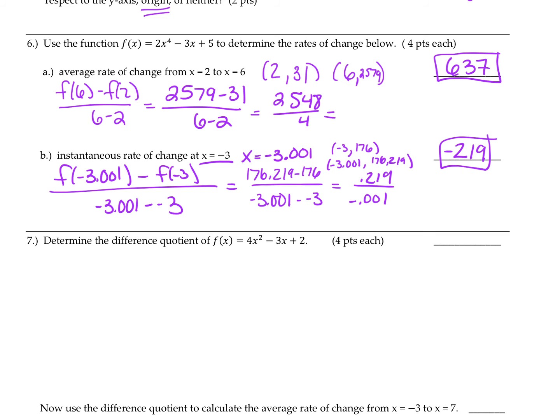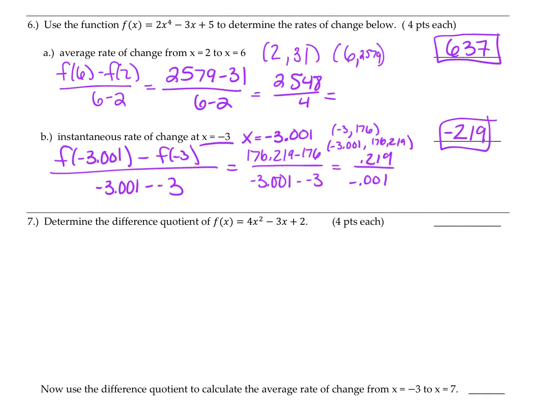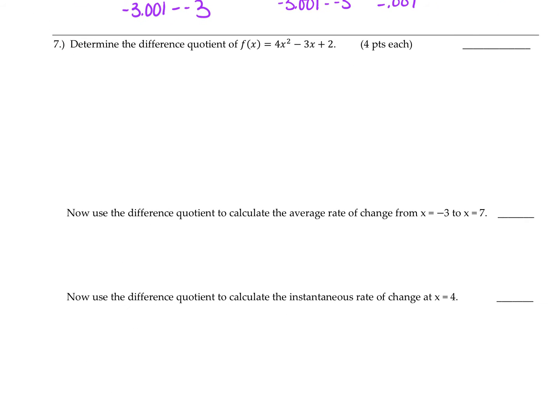All right, the second part says, now we want to find the difference quotient for f of x equals 4x squared minus 3x plus 2. My difference quotient formula is f of x plus h minus f of x all over h.